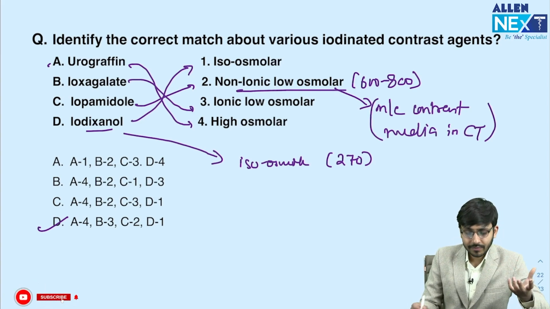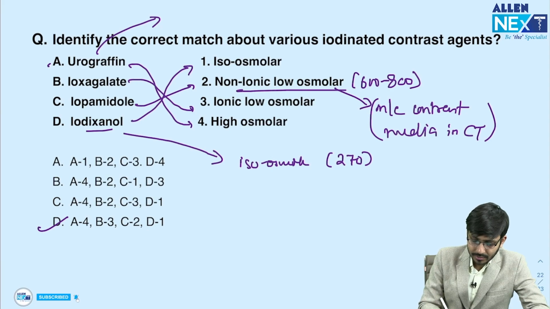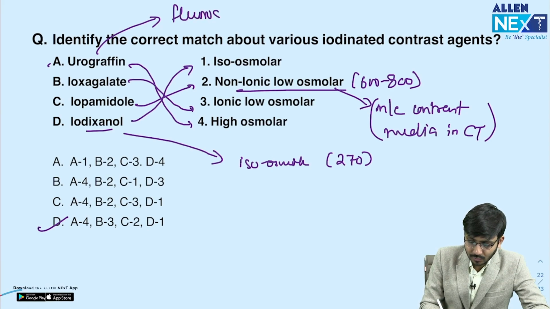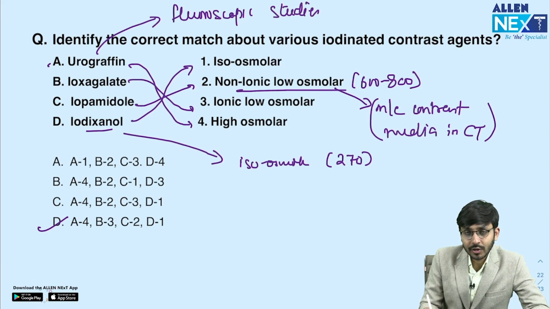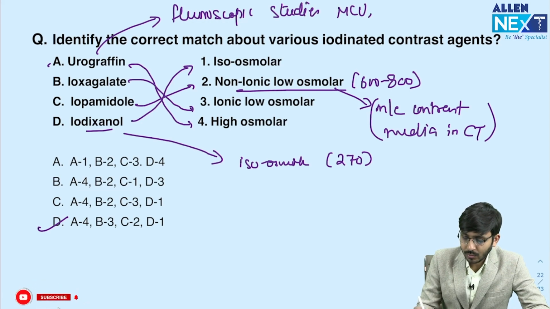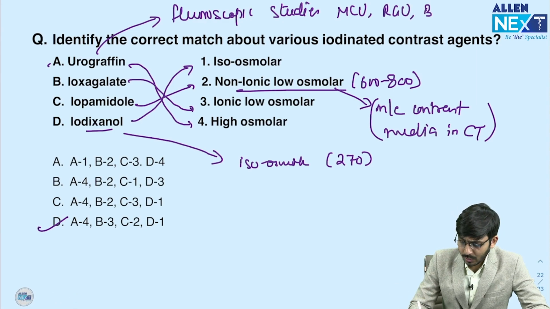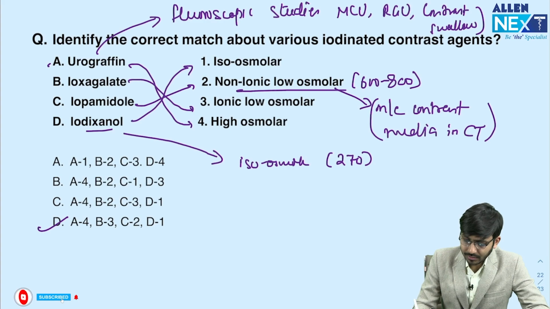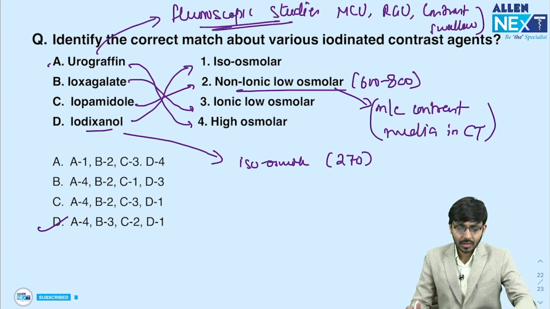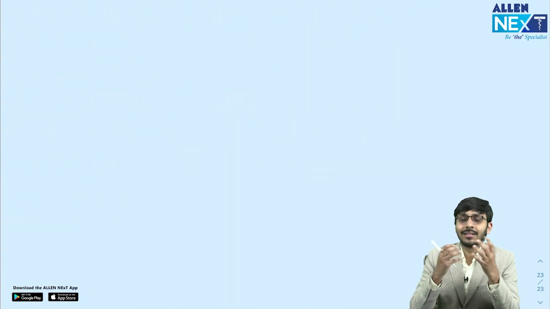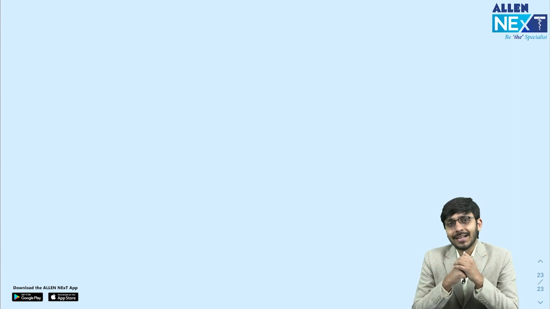Now, urographin is used in fluoroscopic studies. For example, if you are doing MCU, if you are doing RGU, sometimes in barium swallows also, contrast swallows. Okay, so these are used in fluoroscopic studies typically. So this was about the radiologic questions discussion from this grand test. Thank you.